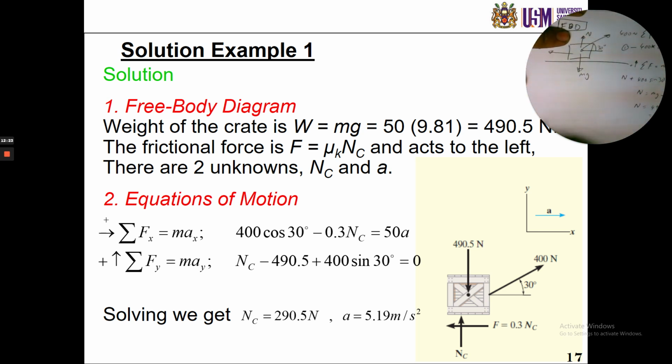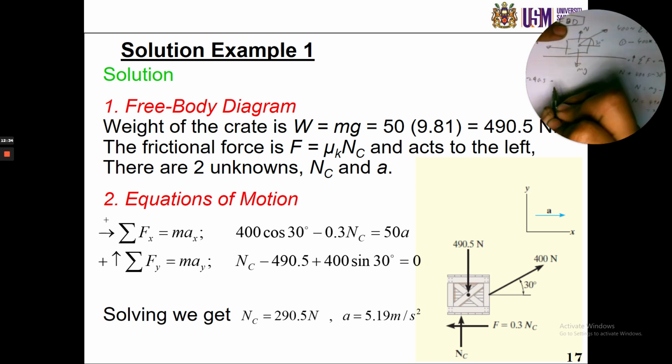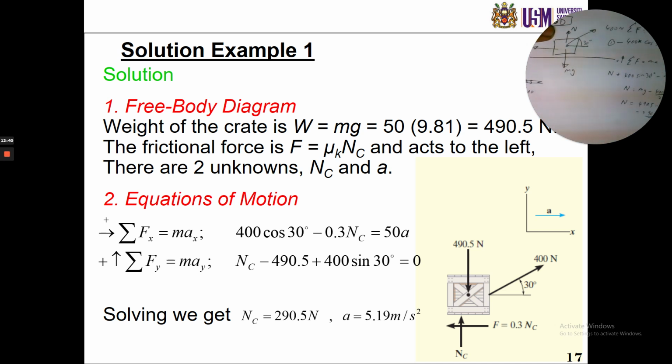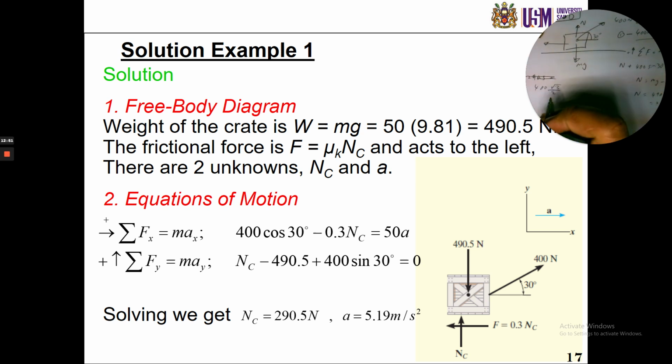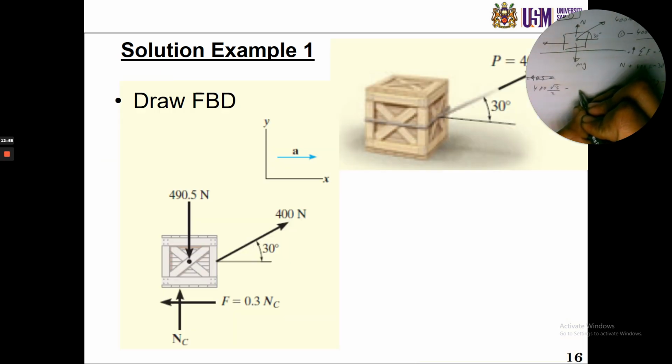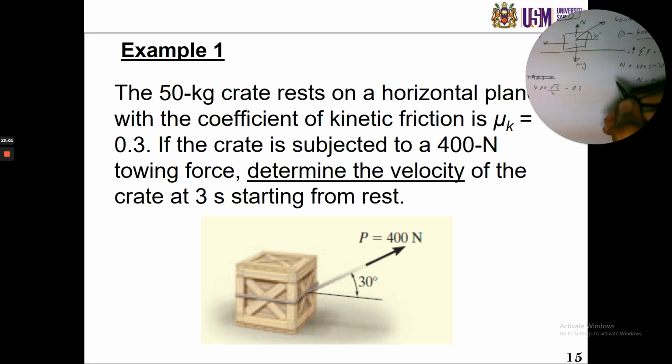What we will have is 400 cosine 30, and cosine 30 is basically square root of 3 divided by 2, minus mu_k, which is 30%, or 0.3, times N, which we calculated as 290.5, equals MA.